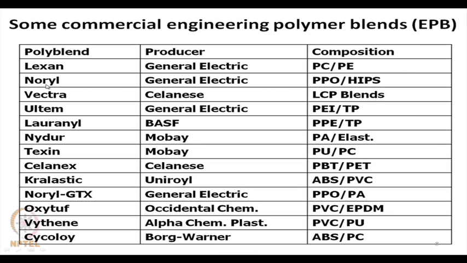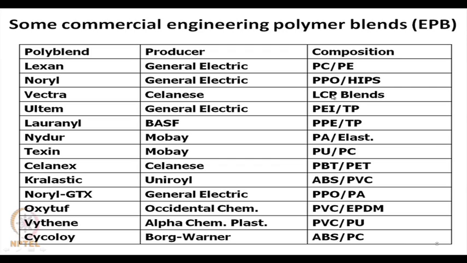Similarly, Noryl is a polyphenylene oxide and high impact polystyrene blend. Vectra, produced by Celanese Corporation, is basically a liquid crystalline polymer blend.